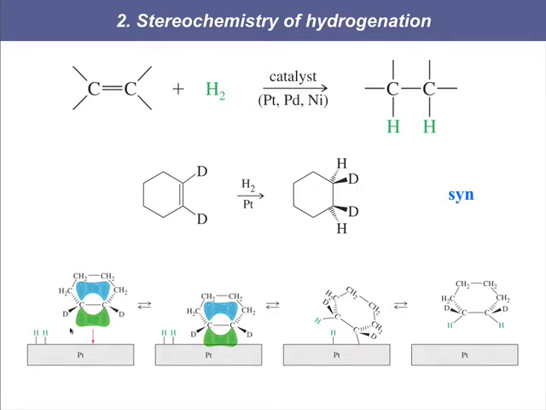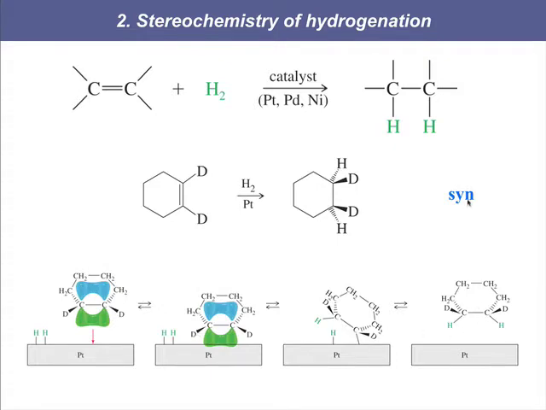Then what happens is when our alkene comes in contact with the metal, it's going to brush one face of the alkene along the surface of the metal like we see here, and it's going to pick up those 2 hydrogens. But that means that the 2 hydrogens are always going to be adding from the same face of that double bond. They go on in the same step. And as a result, they're going to be added from the same face. We call that syn addition.